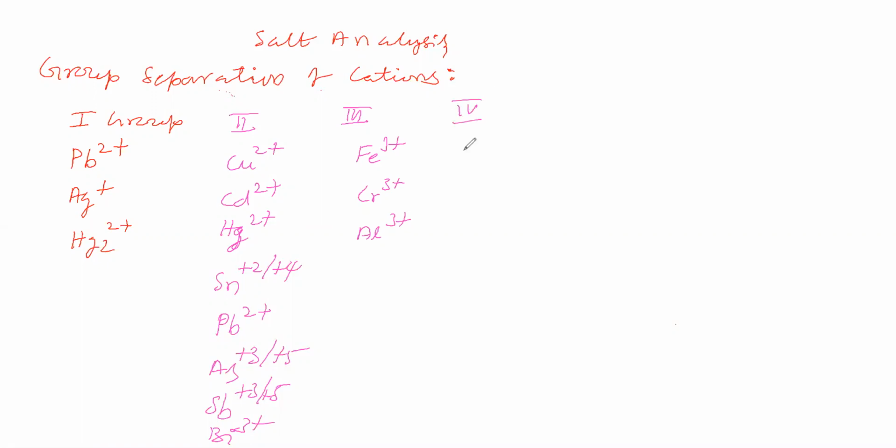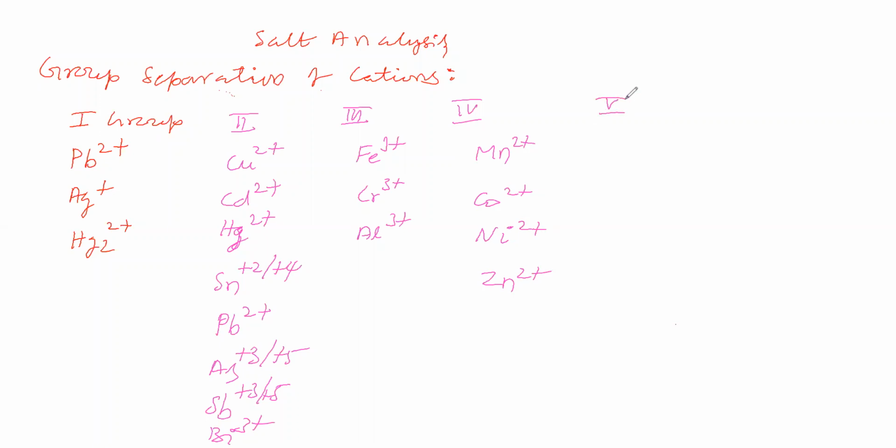Group 4, what are the elements? Manganese, cobalt, nickel, and zinc; iron and copper we are not taking here. All have a 2+ oxidation state. It is group number 4.